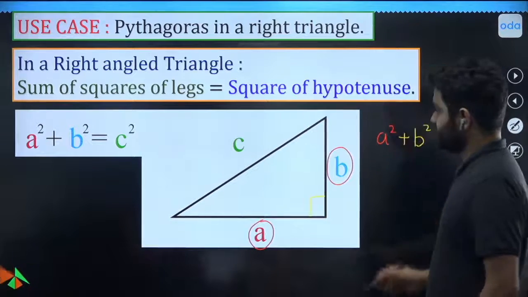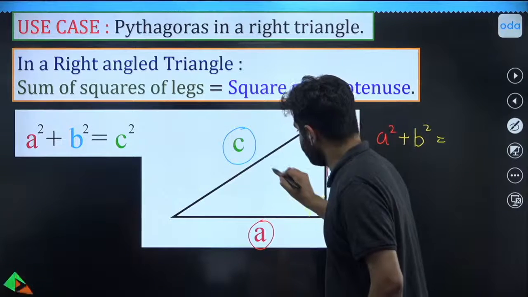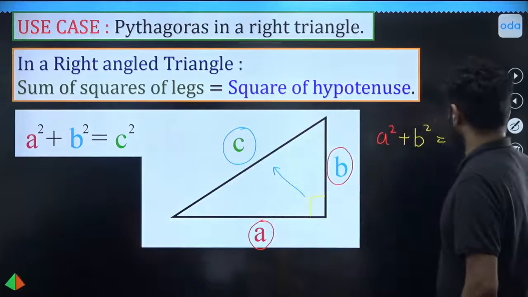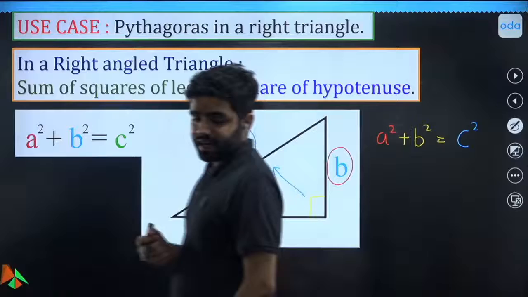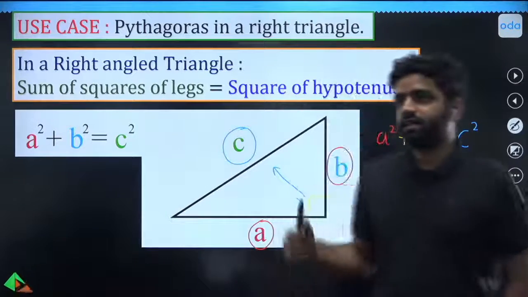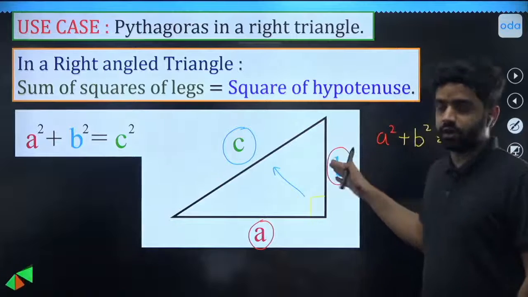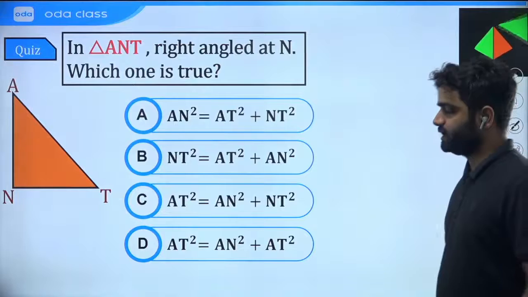What is the hypotenuse? The side in front of 90 degrees, that is C. So it will be A square plus B square is equal to C square. That is how the side lengths are related in a right angle triangle. This is what we need to learn in the session today, how we are going to use this and apply this in the given right angle triangle.